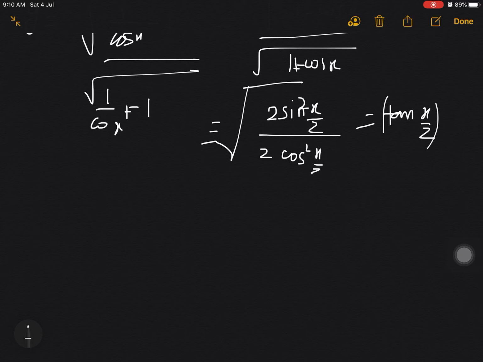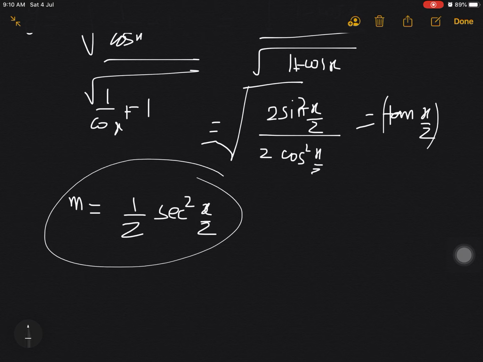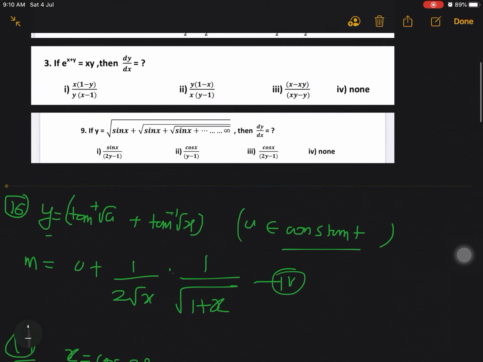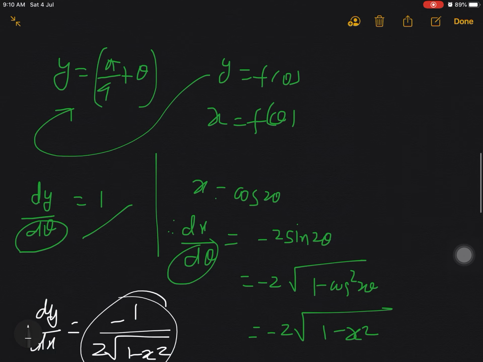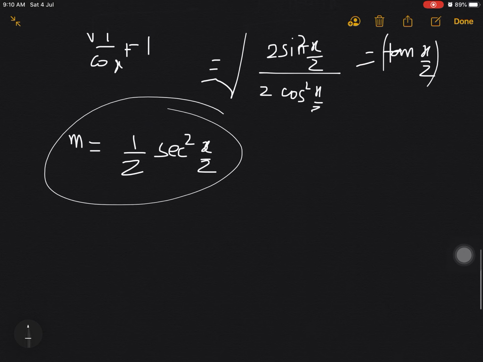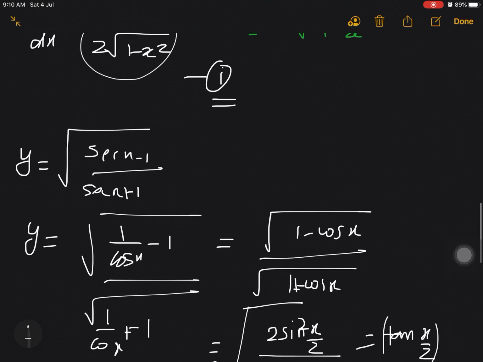So instead of differentiating it as it is, it is quite easier to just directly differentiate it, as this expression is nothing but a flat formula that we can directly use to write the slope to be half of sec square x by 2. So we can see that it is nothing but option 2 of the given set.